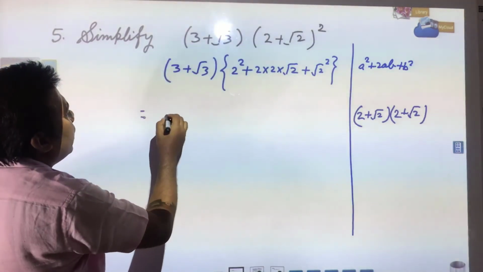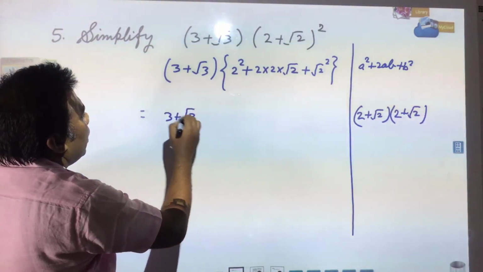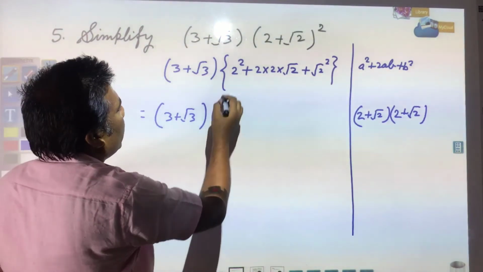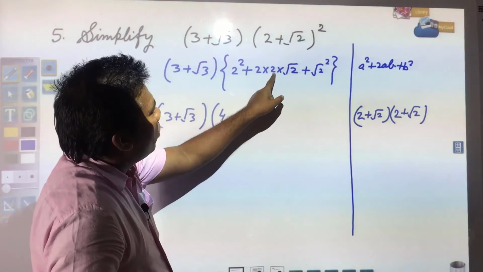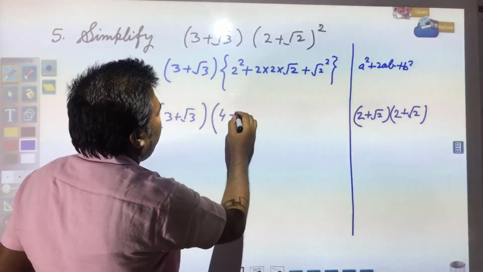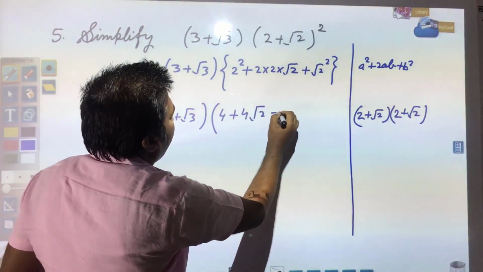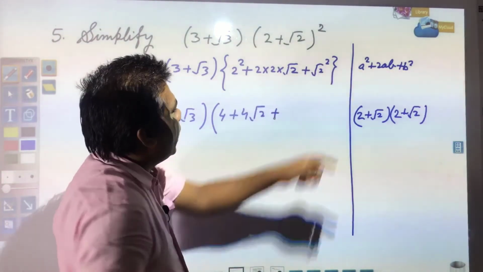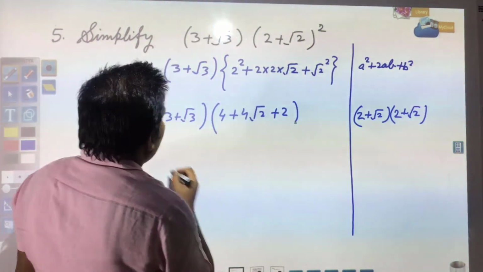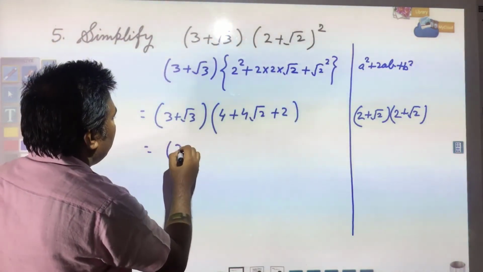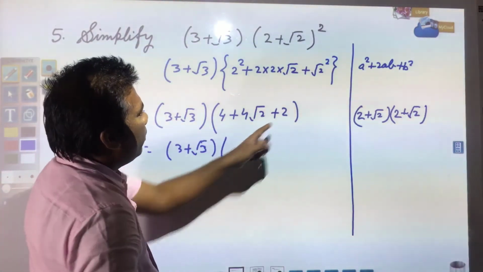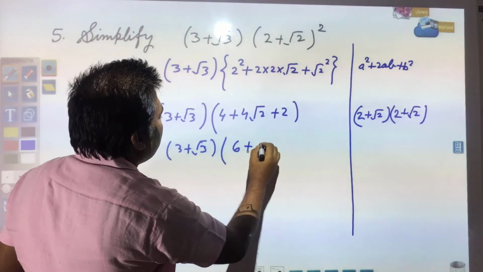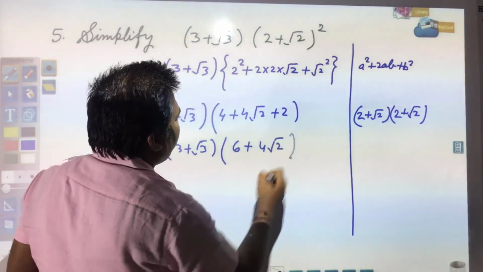So, this will be 3 plus root 3, and here you will have 2 to the 4, and here 2 to the 4 root 2, plus root 2 square is equal to 2. So, this will be 3 plus root 3 and here you will have 6 plus 4 root 2.